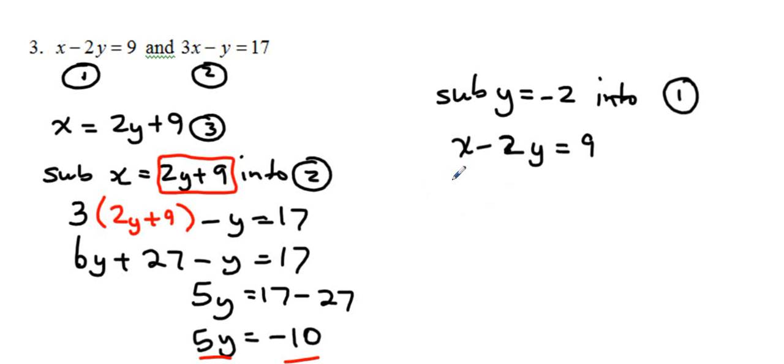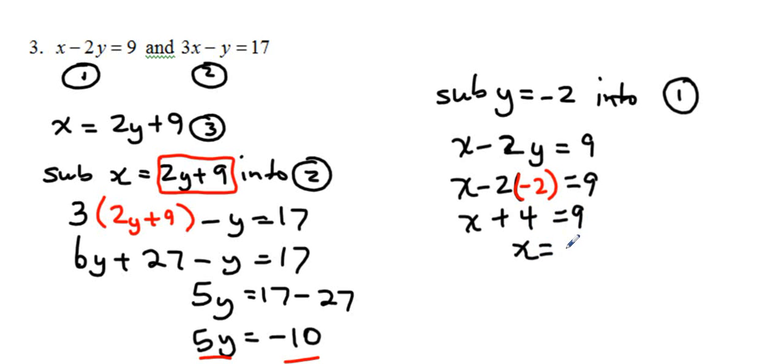All right, so x minus 2 times my negative 2 for y equals 9. So x minus 2 times minus 2, that's plus 4, equals 9. And x equals 9 minus 4, and x equals 5.